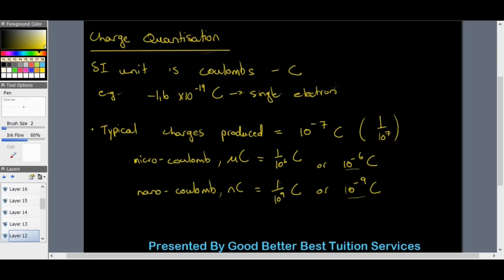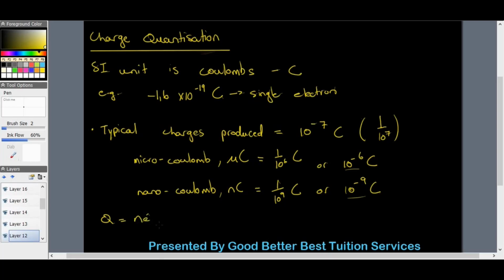It'll be on the table of constants. Objects cannot gain or lose a fraction of an electron. So the net charge Q on an object is an integer. We introduced this formula, Q equals n e.